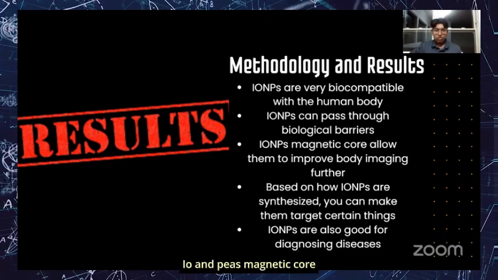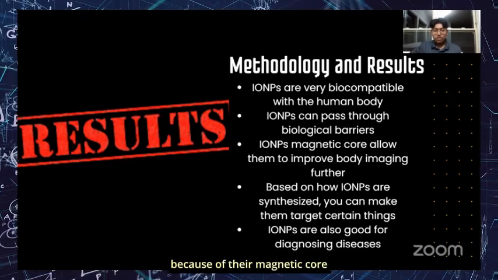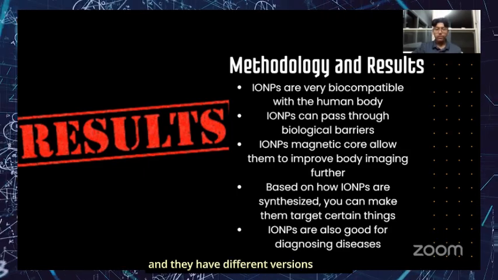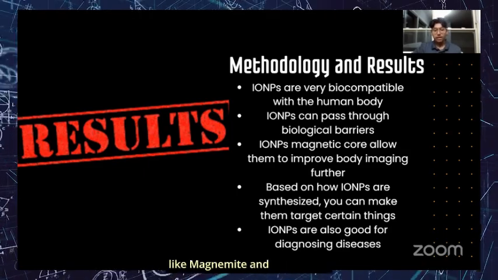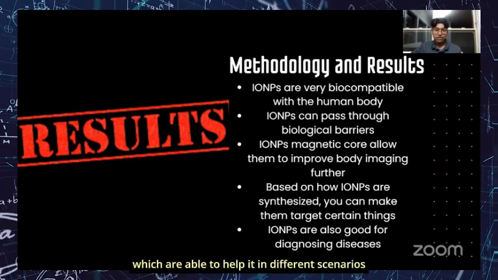IONPs' magnetic core allows them to improve body imaging further. They have different versions, like magnetite and maghemite, which help in different scenarios.